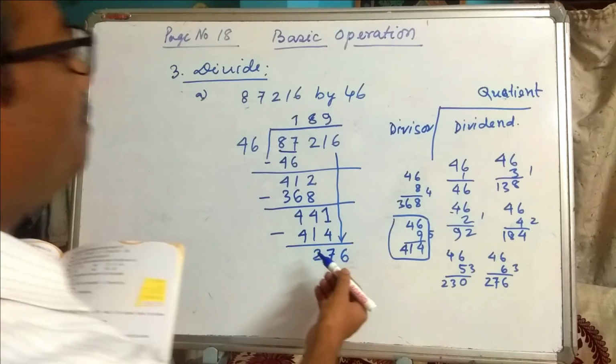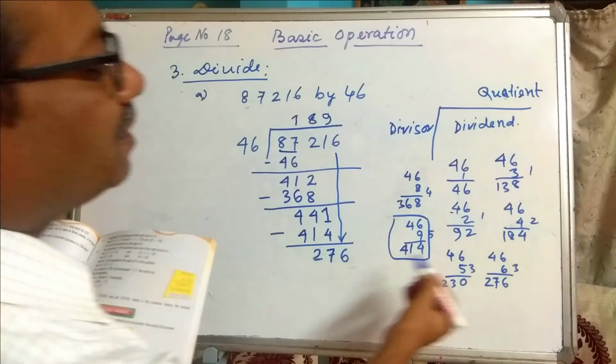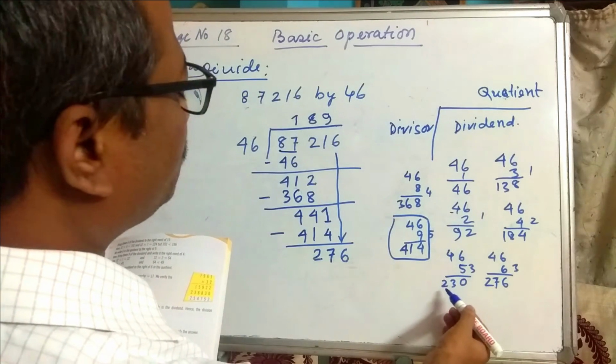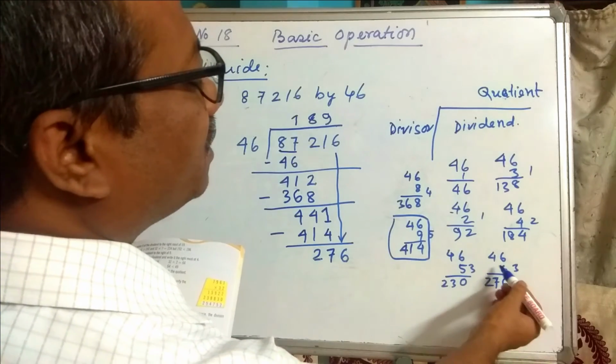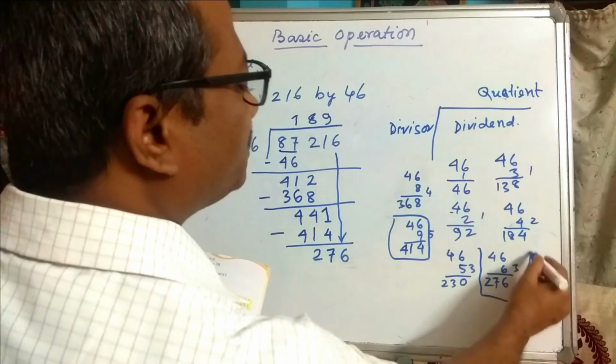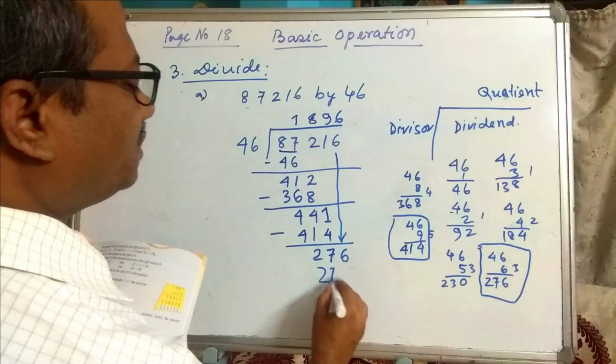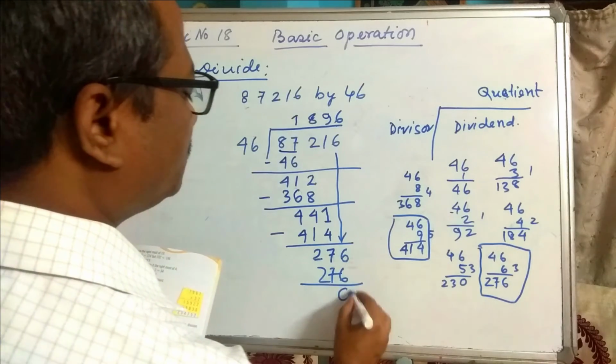check how many times it will go as quotient above 6. Now here I have calculated 230, 276. 46 6s are 276. So the remainder is 0.